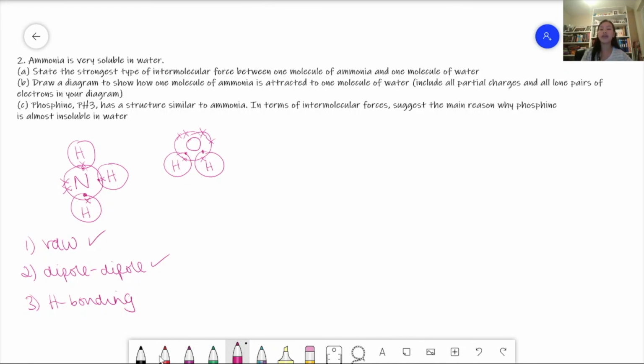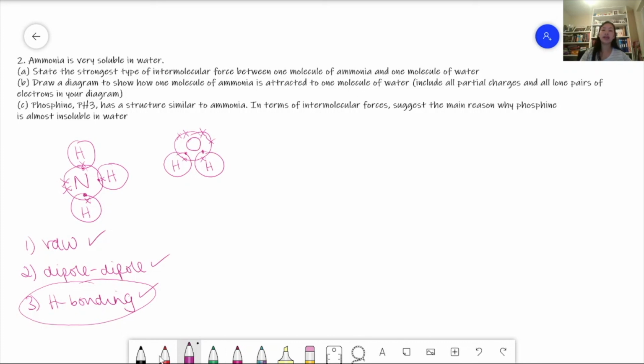So because we have a nitrogen here and hydrogens on the water, that means that we do get hydrogen bonding, because if we bond a hydrogen to the nitrogen, that will form a hydrogen bond because of how big the gap in electronegativity is, because nitrogen is so much more electronegative. So the strongest type of intermolecular force between one molecule of ammonia and 1 molecule of water would be hydrogen bonding.